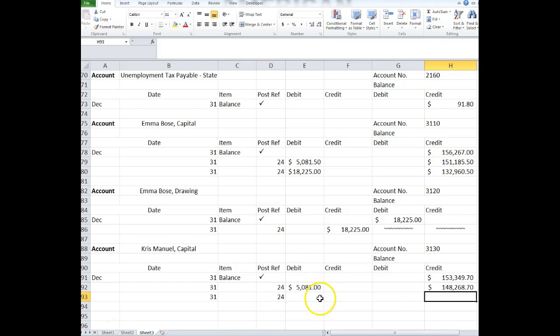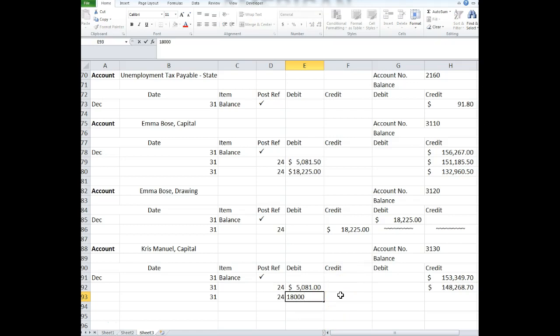Okay, so now what do we need to do? 18,400. Because where's this number coming from? Yeah. What account is it coming from?